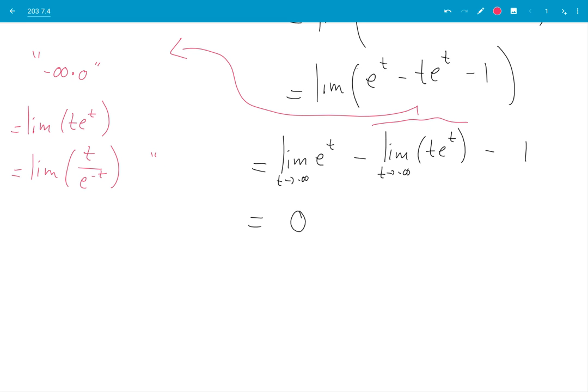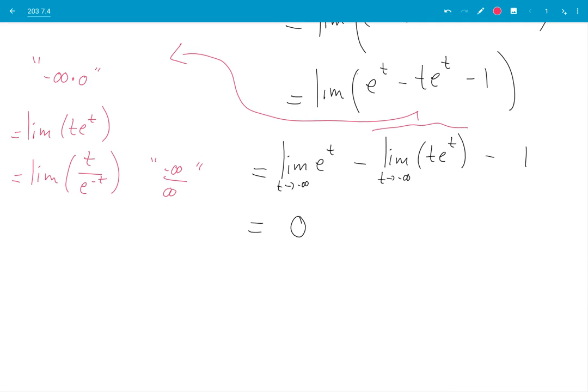Now I have something more familiar. The numerator is going to minus infinity, and the denominator is going to plus infinity. So this is a clear L'Hopital's rule situation. 1 over negative e to the minus t.